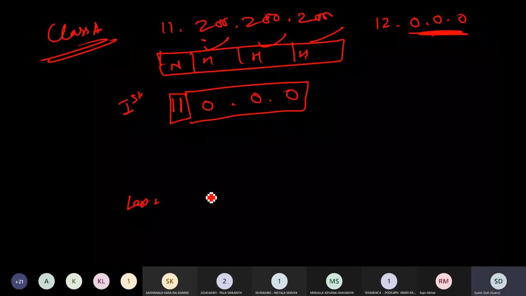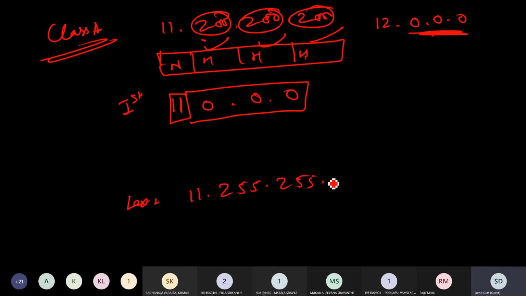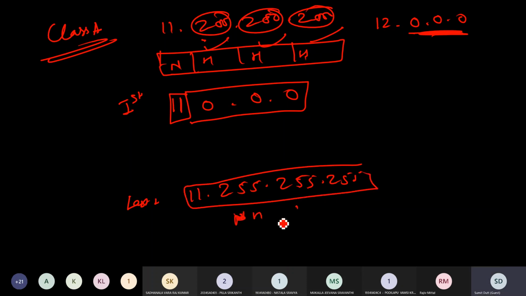So the last IP address will be 11 dot, because this is the only one network byte. So the last host will be 11.255.255.255, because these are my host. Sorry, this is my host, and this is my network.